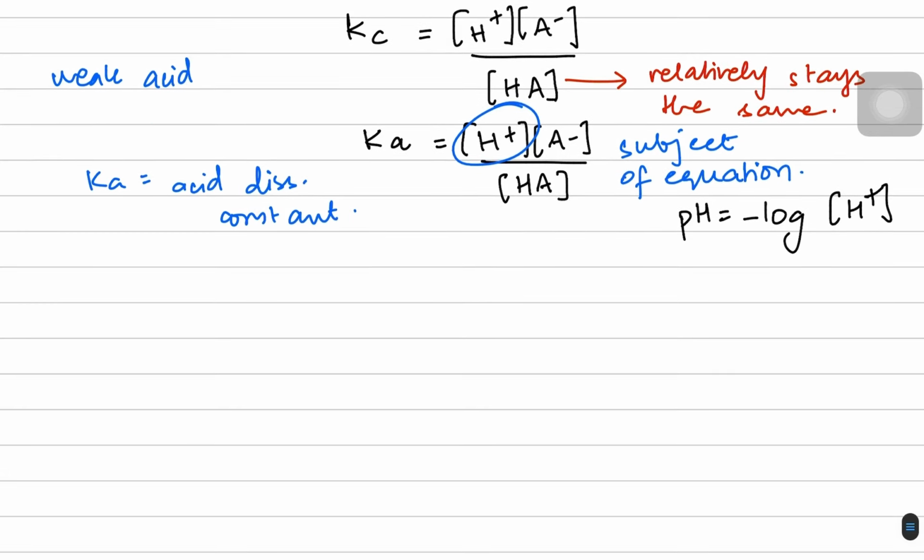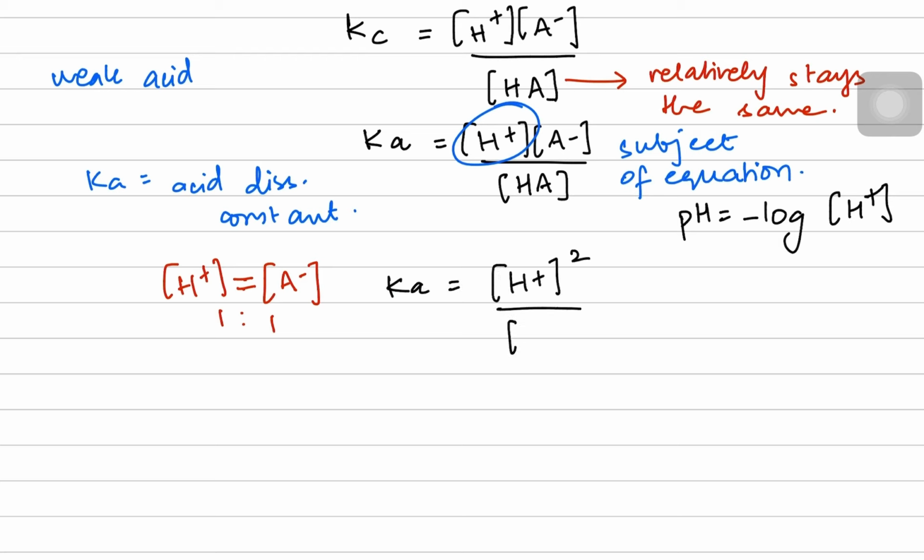I know one thing for sure, that H plus ion concentration and the conjugate base concentration are in a 1:1 ratio, which means they are equal to each other. So Ka becomes H plus ion concentration squared divided by the concentration of the undissociated acid.